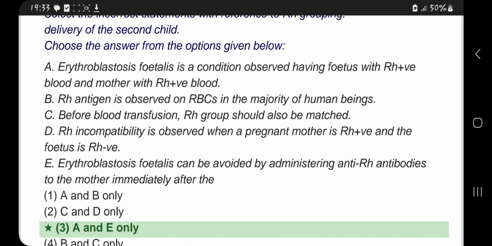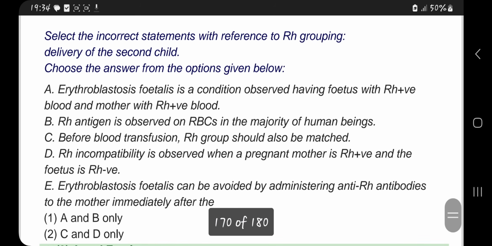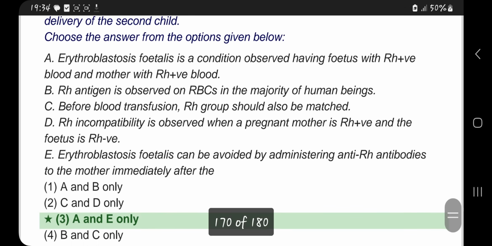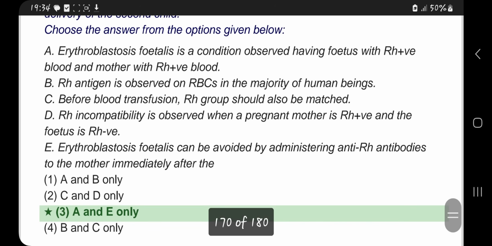Fetus with Rh positive blood and mother with Rh negative, it should be. Here we select the incorrect statements. That is the reason A is incorrect. E is also incorrect because it should be after the first child, not after the second child. So A and E are incorrect. Remaining all of them are correct statements.